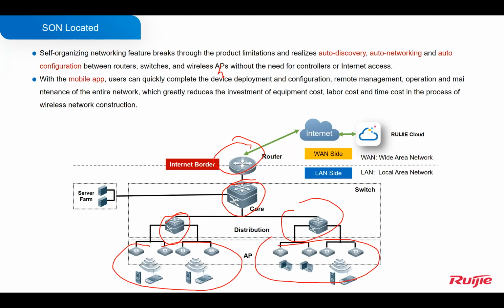So whatever the device type is, with SON we can easily combine these devices together. We just connect the physical line to each other, so that they can auto discover each other and auto network. In this process, we don't need any additional configuration for them to recognize each other.